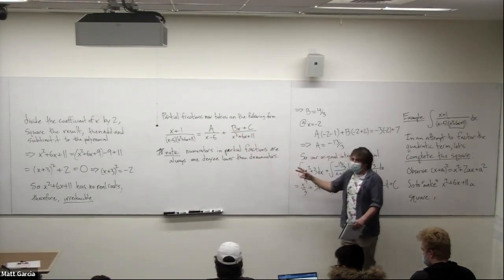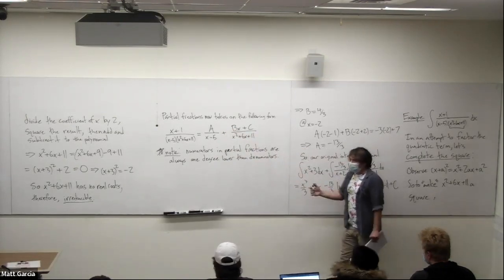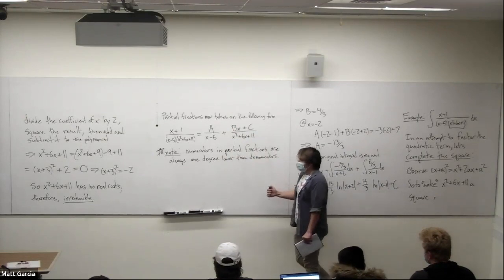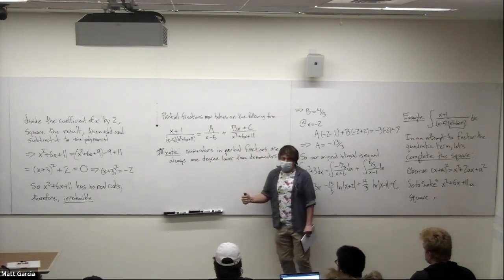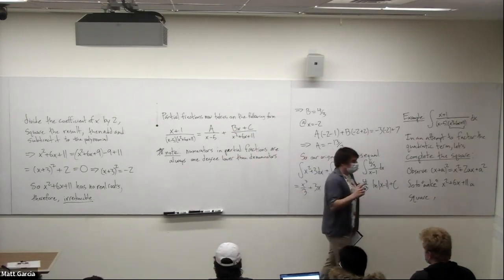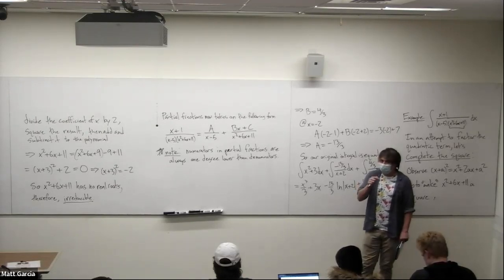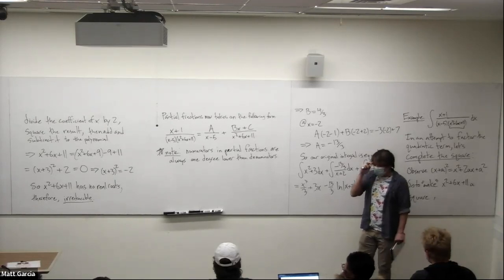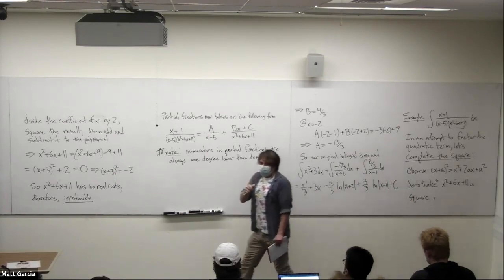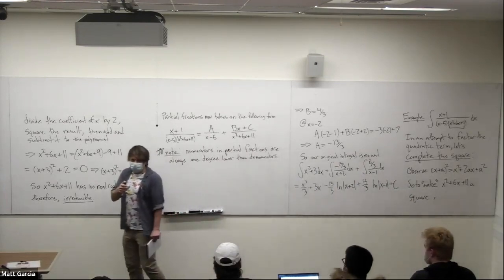And this applies in general. If you come up with an irreducible 4th degree polynomial. Why did I skip irreducible 3rd degree polynomials? Anybody remember this from algebra? Yeah, there are no irreducible cubic polynomials, right?